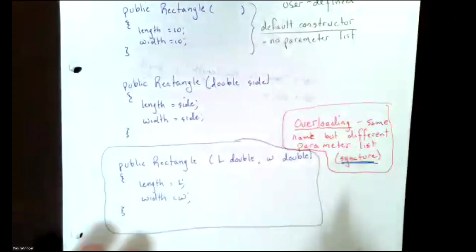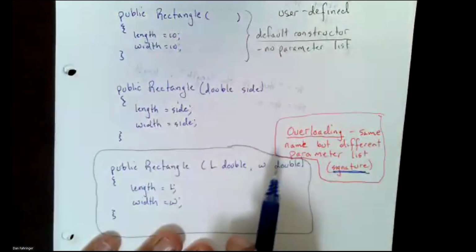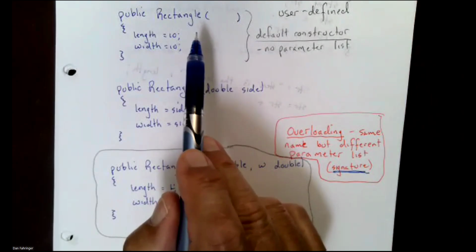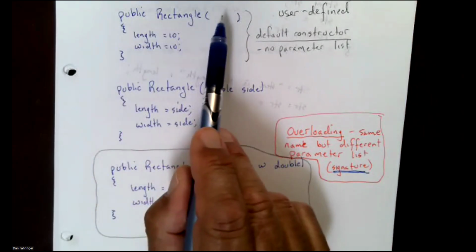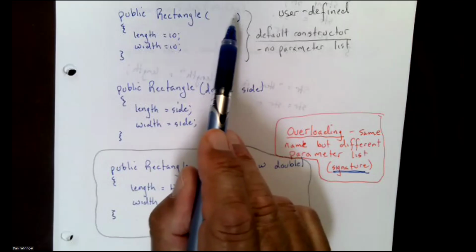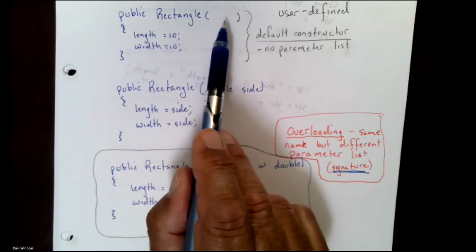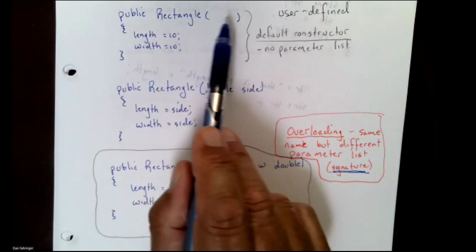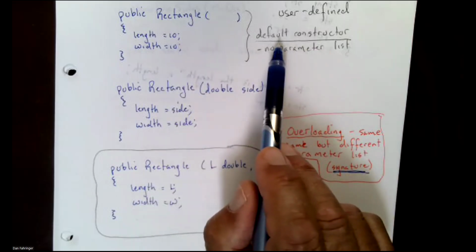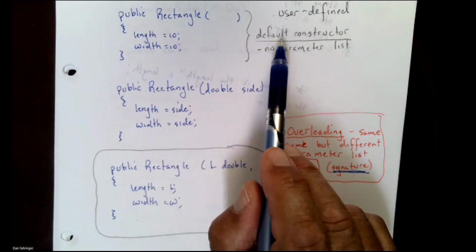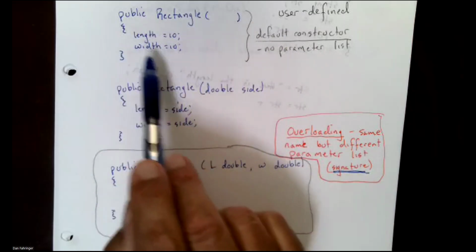Well, heck, I could have a third constructor that has no parameters. This is what we originally used, and I mentioned last class, this is called the default constructor, where we call it and I'm just giving it values. This will override the one that we don't see.